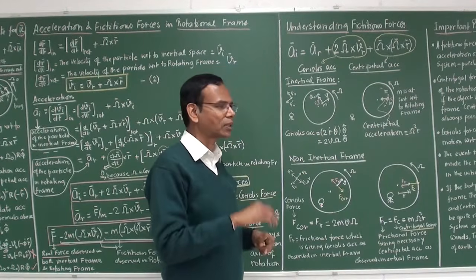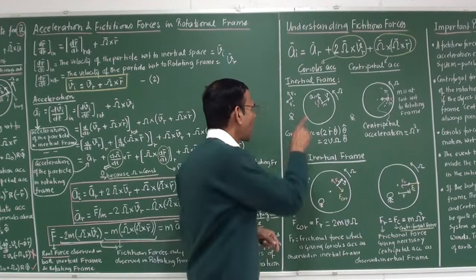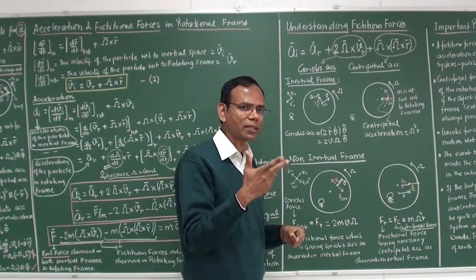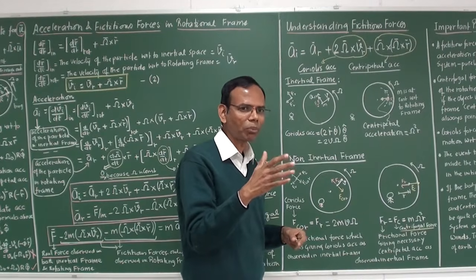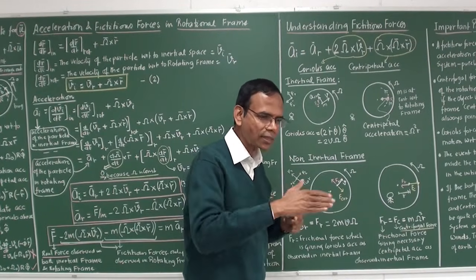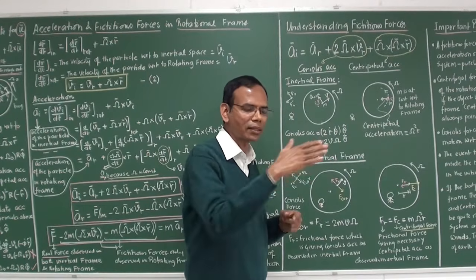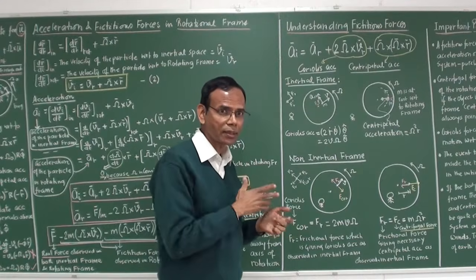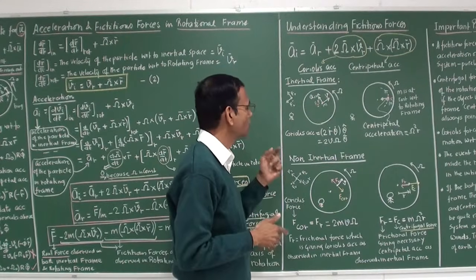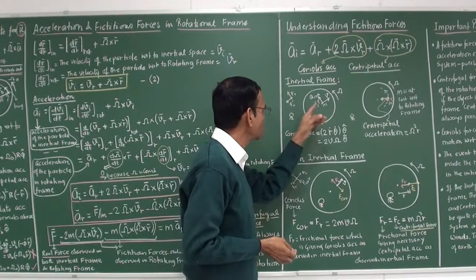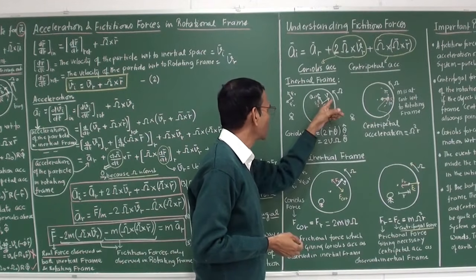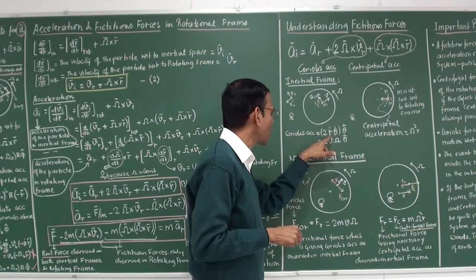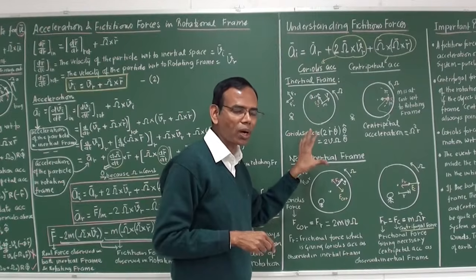The second r dot theta dot is coming because as this man is going outward, his tangential velocity, that is r omega, since r is increasing, r omega is increasing, that means tangential velocity is increasing. And that actually happens in this Coriolis force, or Coriolis acceleration. So the tangential velocity is increasing as this man is going outward. So because of that there is another acceleration, another term, that is r dot theta dot. So we get 2 r dot theta dot.